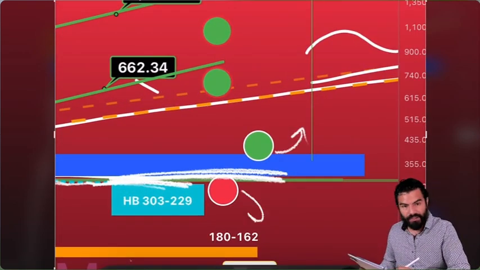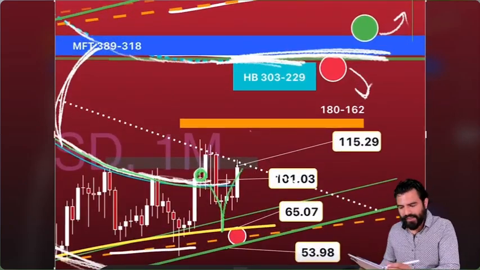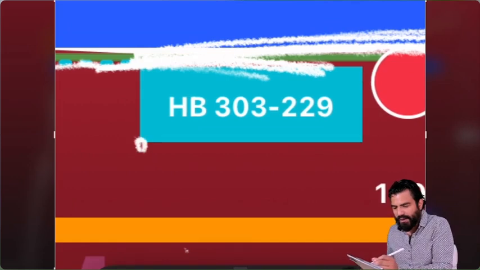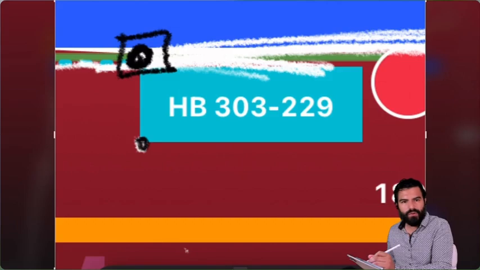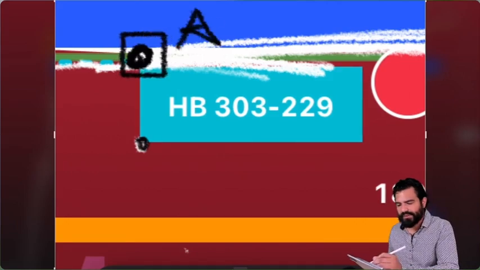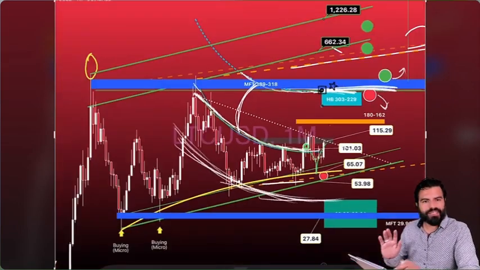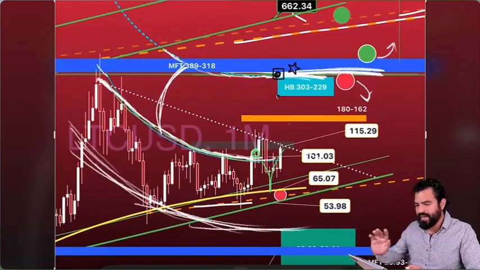Here's higher, here's lower, and we already have an HB at this range. So if I were to bet which of these HBs would hit, whether we're going to hit the lower side or the higher side, I'm going to choose the higher side. I'm going to choose here with a higher degree of certainty. So I'll put a little star there. Okay, so just to remember. So that's just one way to view that part.